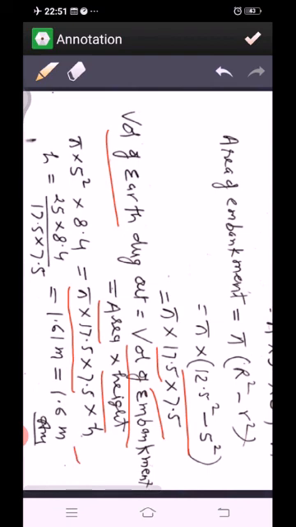Volume of earth dug out we have already found, pi into 5 square into 8.4. So h is equal to, both side pi cancelled, 5 into 5, 25 into 8.4 divided by 17.5 into 7.5. So we get 1.61 meter, that is 1.6 meter. That will be height of embankment.